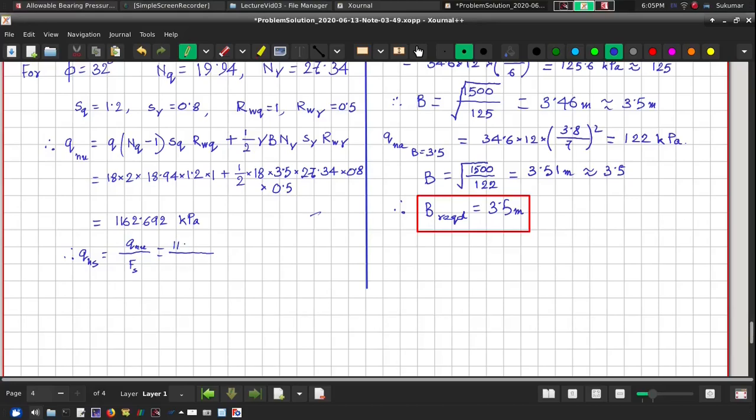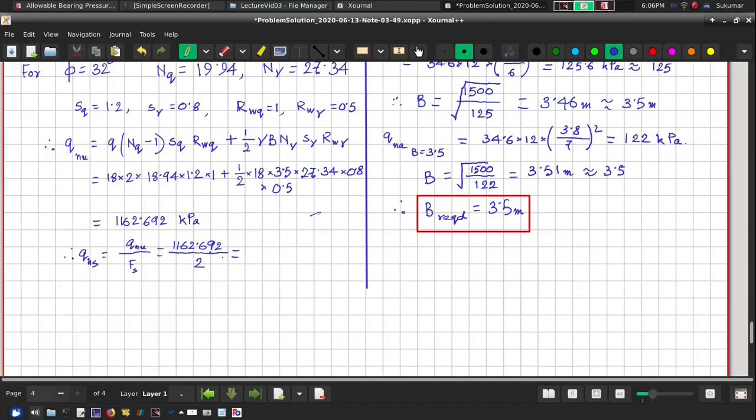So 1162.692 divided by 2. Usually we should go for 3, but here I am using 2 itself.